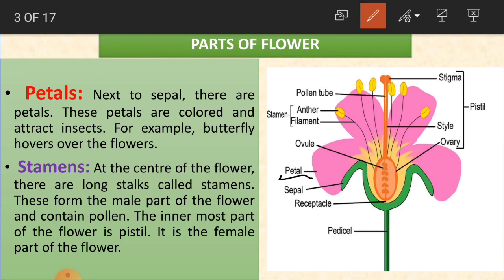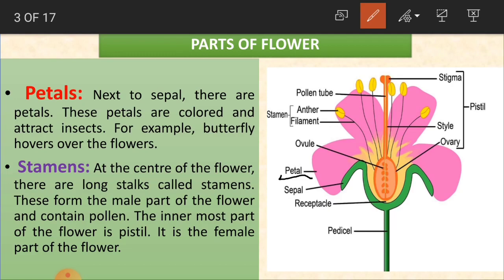Why? Because these petals attract those insects. That is the reason why insects come near the flower. Hovers means they stay in the air over the flower.